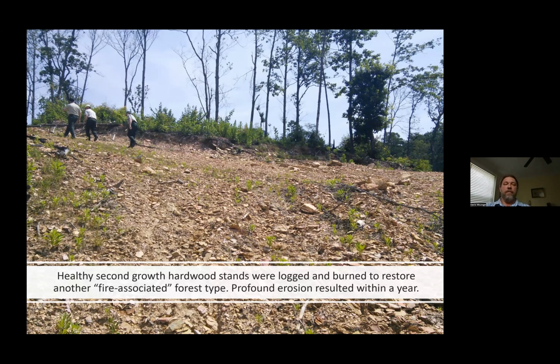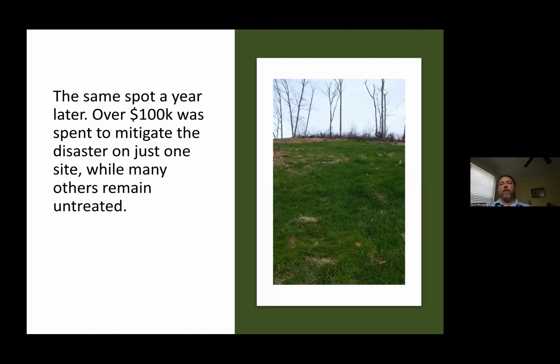This particular project called Hogback is kind of like Brawley. It's become kind of a legendary, unsuccessful project where the erosion was such that over $100,000 was spent just to revegetate this one 4 or 5 acre spot in the timber sale that had just eroded to where there was no topsoil left.